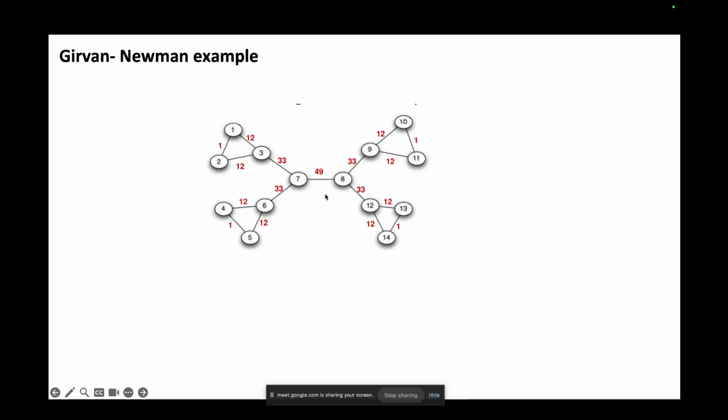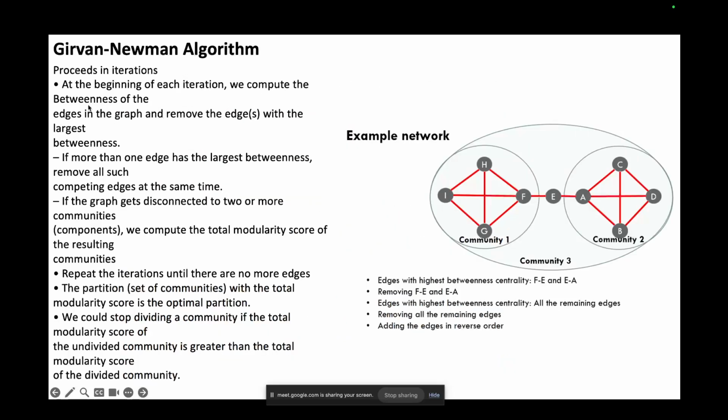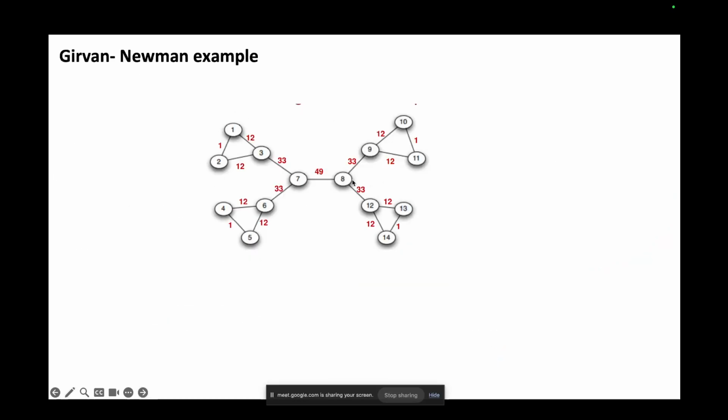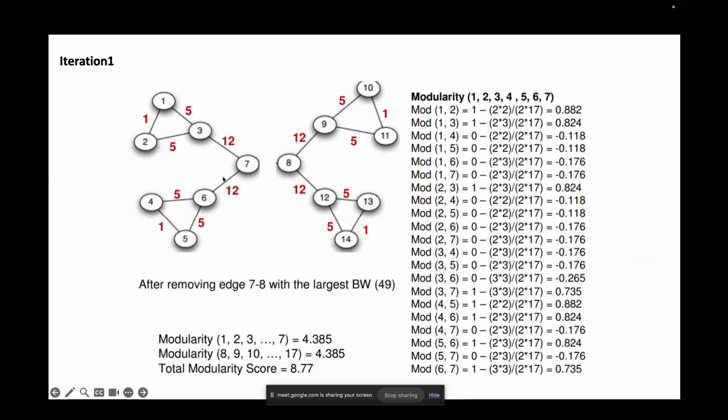So in the first step of the Girvan-Newman algorithm, you calculate the betweenness of all the edges in the graph, and you remove the edge with the largest betweenness. In this case, the largest betweenness will be between 7 and 8, so you remove this particular edge. Now you are left with two sets of nodes as two communities.